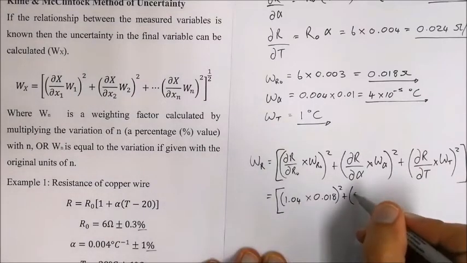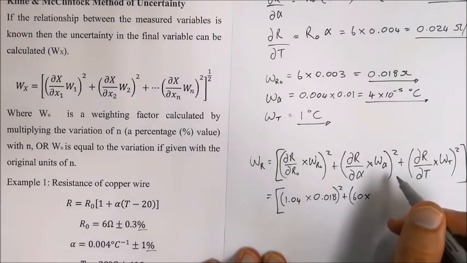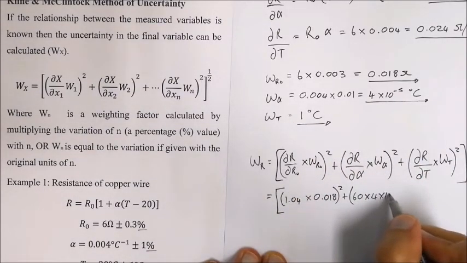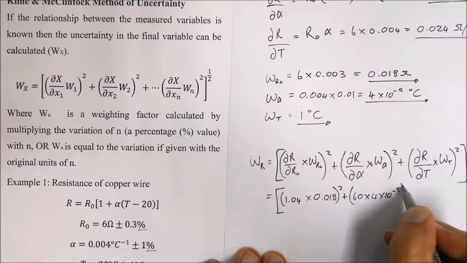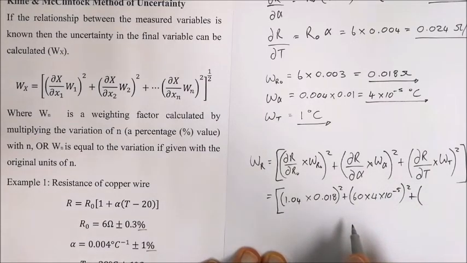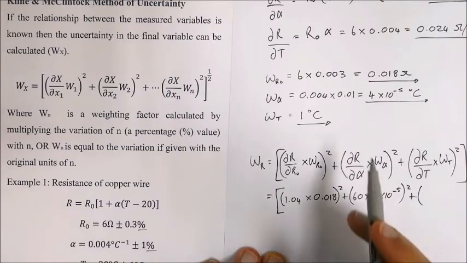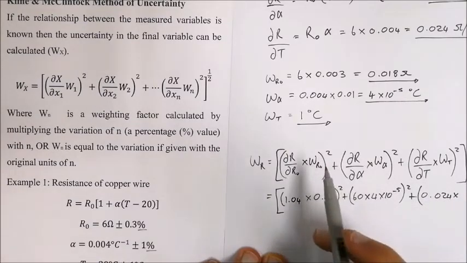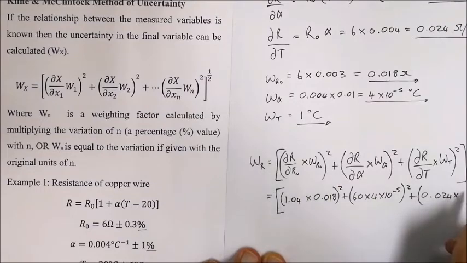So we've got 60 over there, multiplied by the weighting factor of alpha, which is 4 times 10 to the minus 5. Square that. Plus, finally, the temperature, so dR/dT, which is 0.024, multiplied by the weighting factor for temperature, which in this case is 1. We square that, and we take the square root of everything over here.